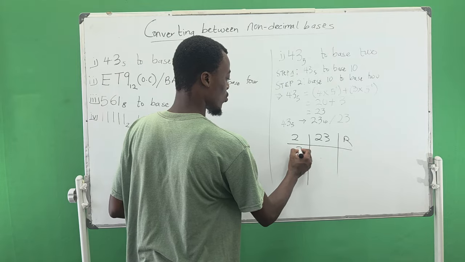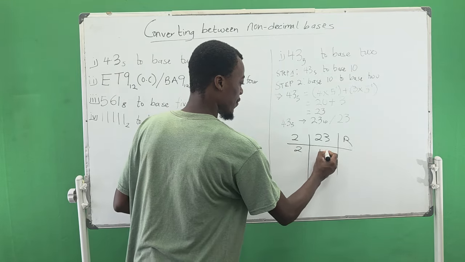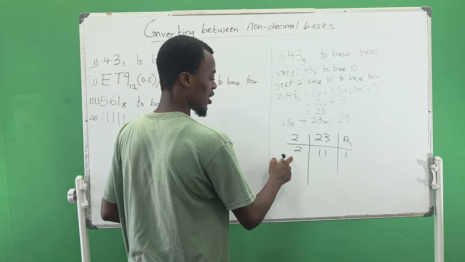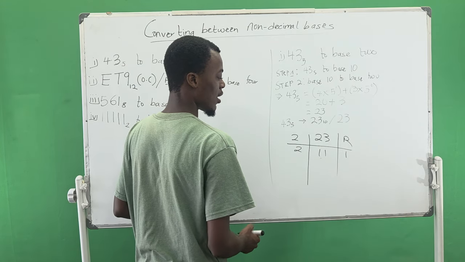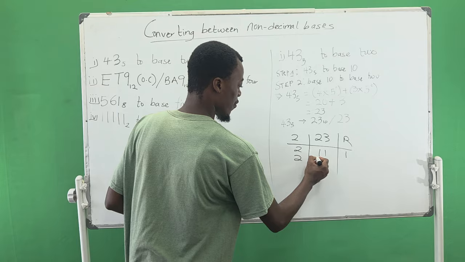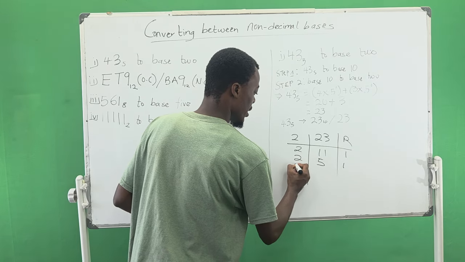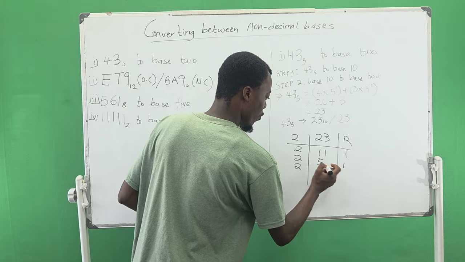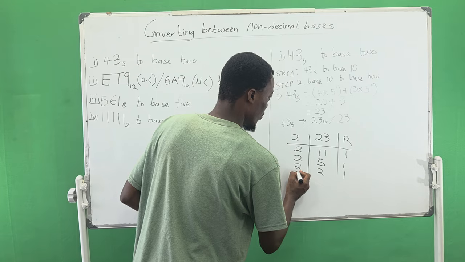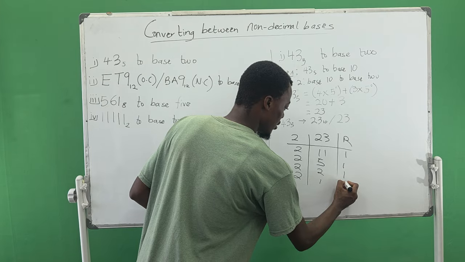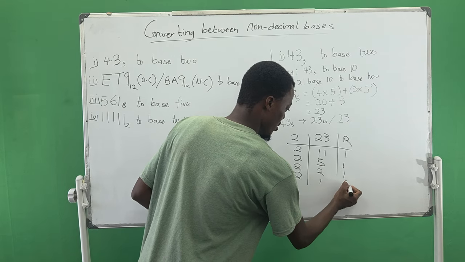So 2 goes into 23 how many times? 11. 2 times 11 is 22, remainder 1. The same way, 2 goes into 11 five times. 2 times 5 is 10, remainder 1. The same way, 2 into 5 is 2, 2 times 2 is 4, remainder 1. Again, 2 into 2 is 1, 2 times 1 is 2, remainder 0.